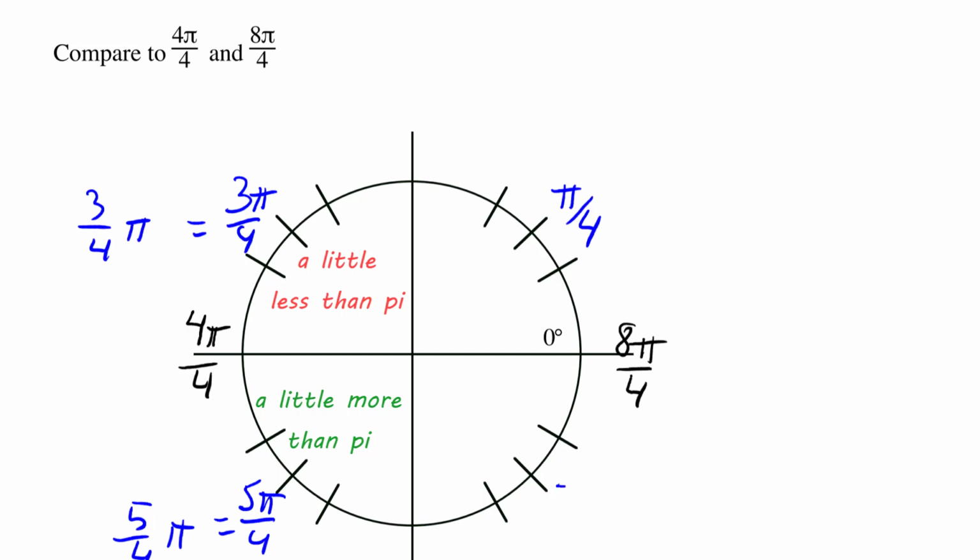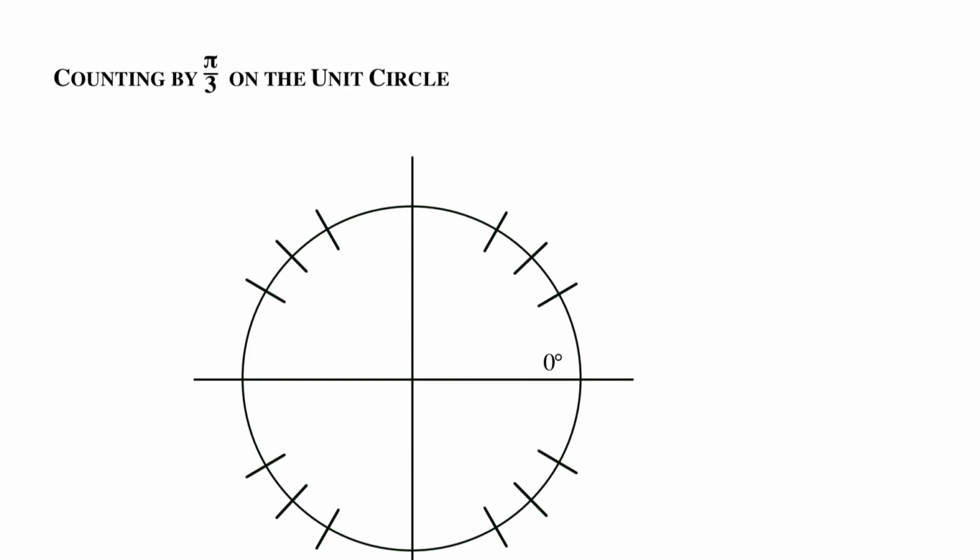And right below 8 pi over 4, a little bit less than that, is 7 pi over 4. That means it's in quadrant 4. It's a little bit less than 2 pi. It's only 7/4, not quite 2. So this idea will help you locate these on the unit circle.